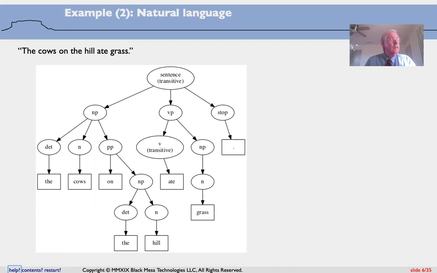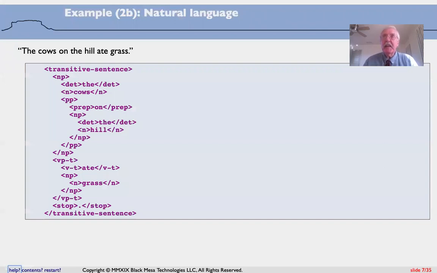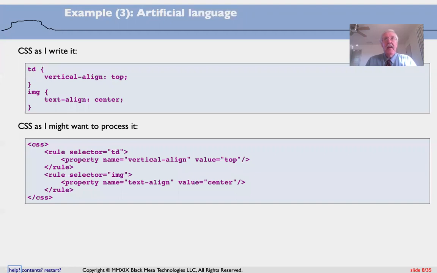Now, that parse tree is a tree structure, and so it's natural to represent it in XML. This is the same parse tree. This is the parse tree produced by Aparecium when given that sentence with an appropriate grammar of English.